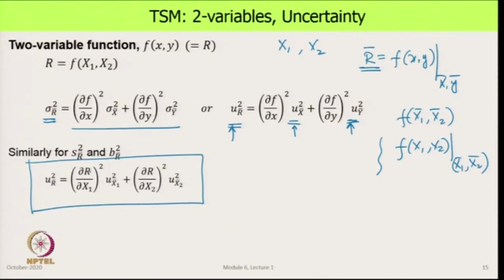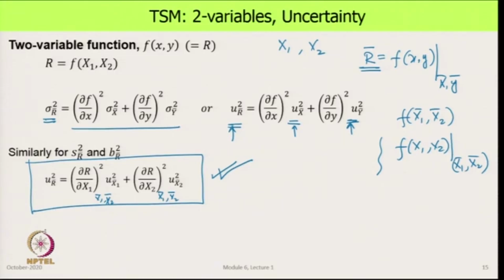U r bar squared is equal to partial of result with respect to x 1 evaluated at x 1 bar x 2 bar times u x 1 bar squared, uncertainty in the x 1 measurement, plus dr by dx 2 squared evaluated at x 1 bar x 2 bar times the standard uncertainty in x 2 bar squared. And this tells us everything in terms of parameters, numbers, values that we already have. So, this is our answer.